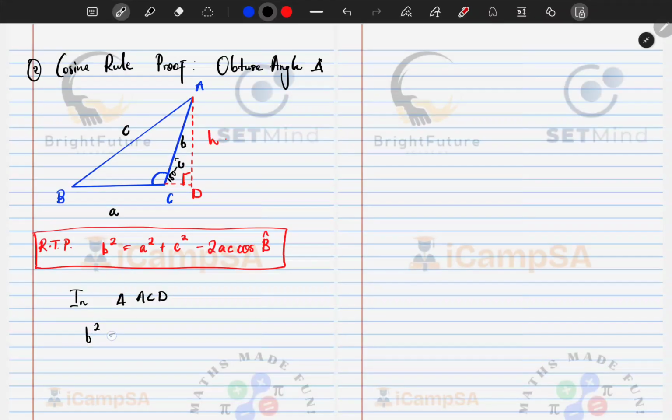So it's going to be b squared is equal to my h squared plus my CD squared. So what I want is to write CD in terms of a. The way in which I'm going to do that is I know that BD is equal to BC plus CD.